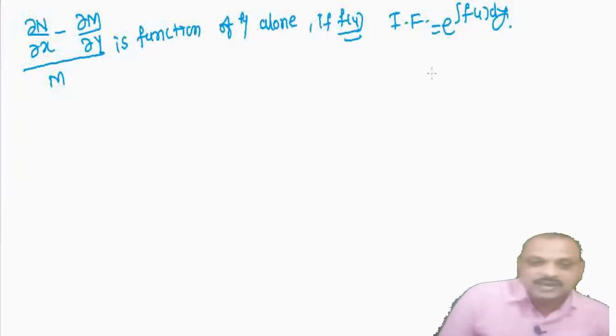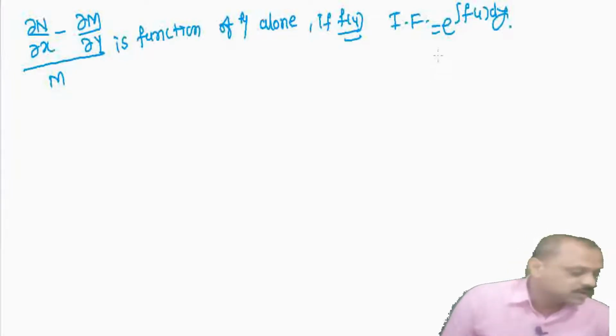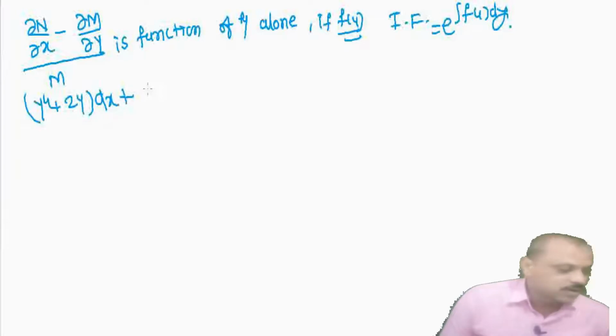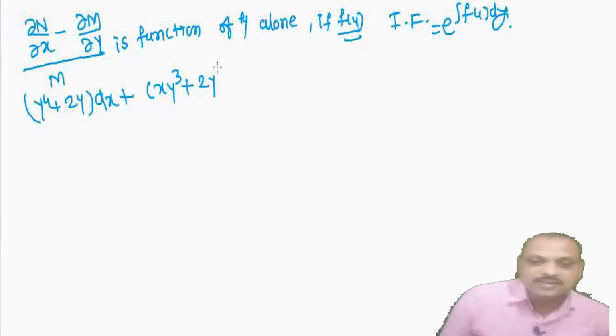So let us see an example of this. Take (y raised to 4 plus 2y) into dx plus (x into y cube plus 2y raised to 4 minus 4x) into dy equal to 0.